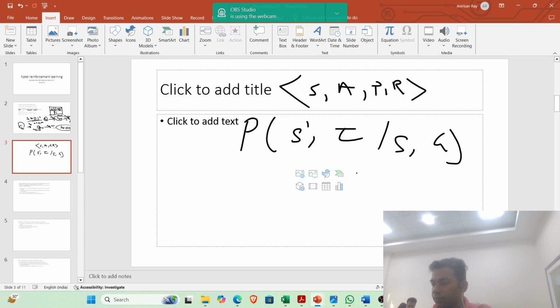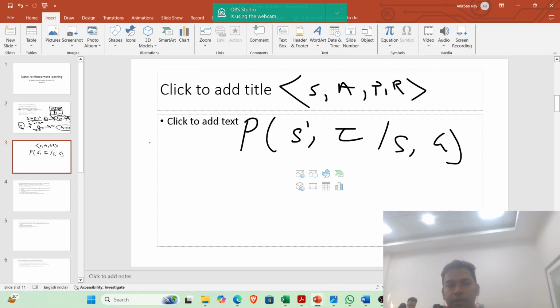You cannot ignore this one here, because the time duration or the lag determines which state, or the condition or the reward at this state. That is why this tau, the holding time, also comes as a parameter in the transition probability.